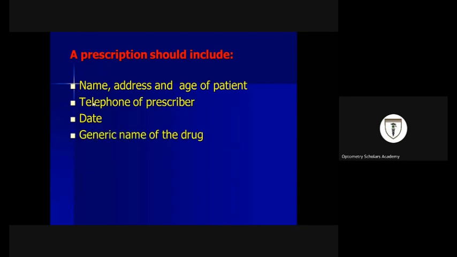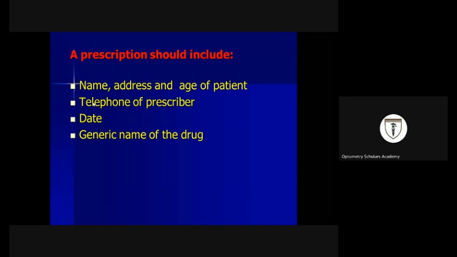The generic name of the drug is very important. It's a bad practice to write the brand name, especially when you want to prescribe a drug. For example, you can prescribe Ciprotab eye drop. Ciprotab eye drop is not the right way to prescribe a drug. The generic name of Ciprotab is ciprofloxacin. So instead you write tab ciprofloxacin.